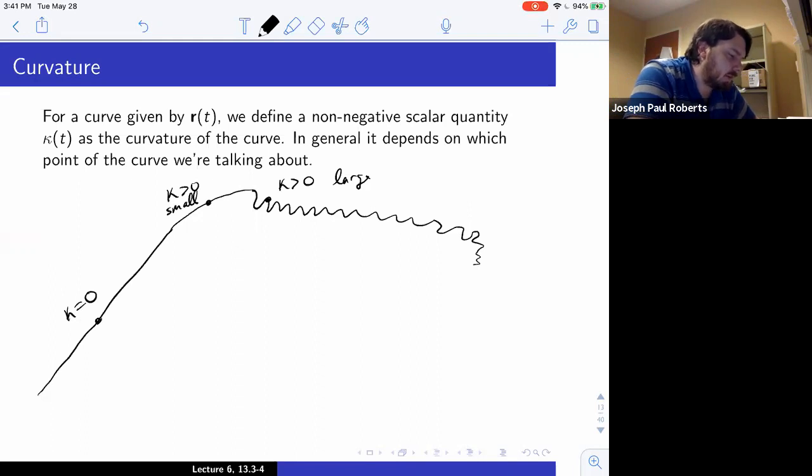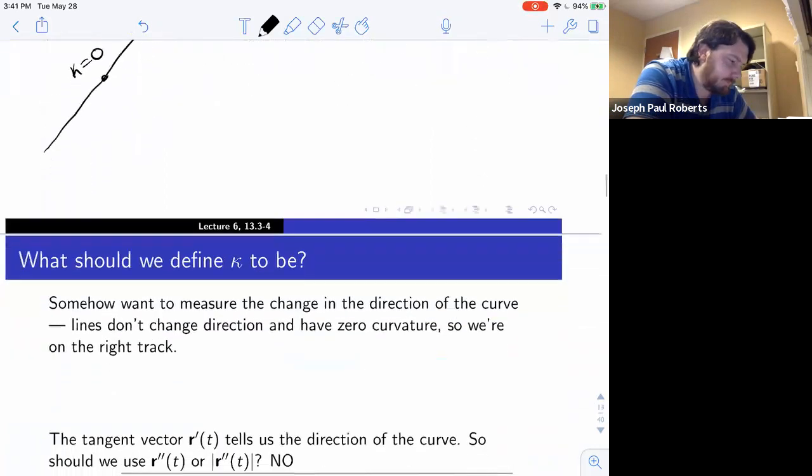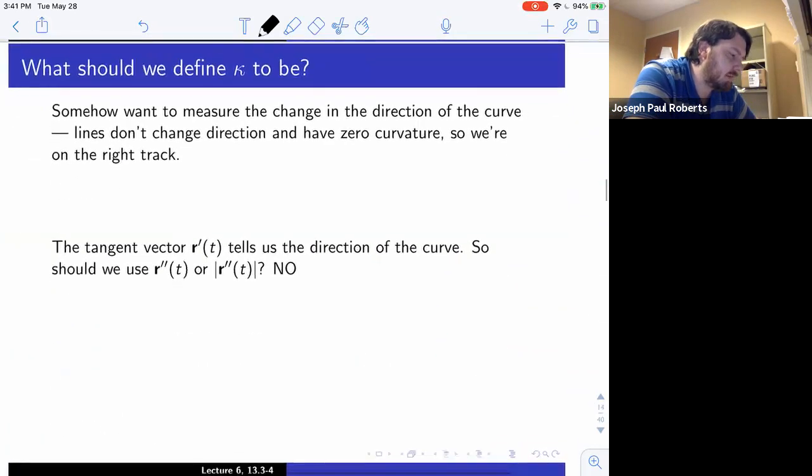And so now let's start to think about how we could measure this. So what should we define curvature to be? Well, what does it mean to be curved? It means that the direction of the curve is changing, right? If you remember yesterday, we were talking about how the tangent vector r prime somehow encodes the direction of the curve.